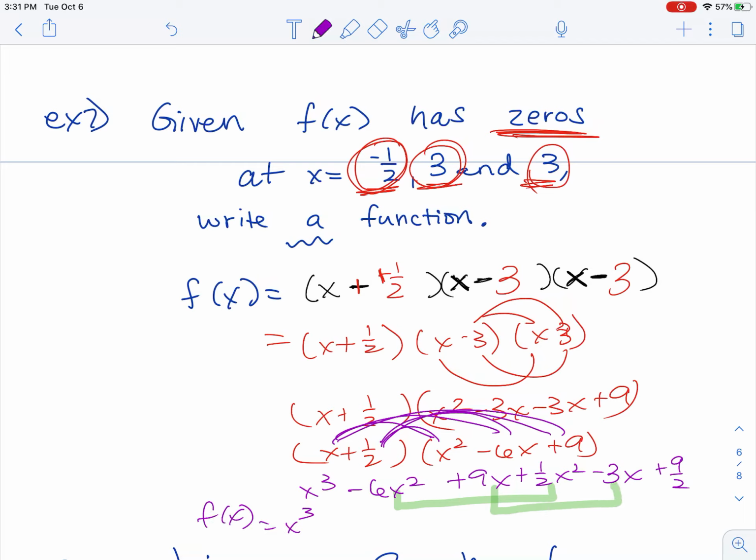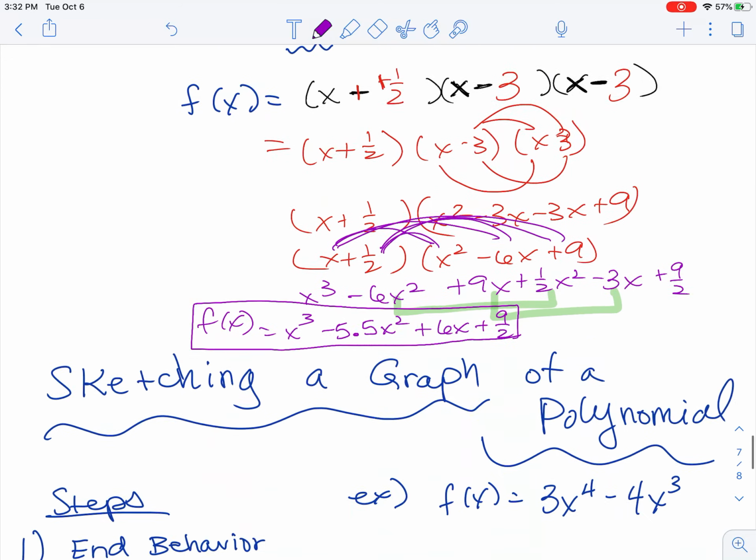So we get f of x could be x cubed minus 6 plus 1/2 is really -5.5, or 5.5x squared. 9x minus 3x is positive 6x plus 9/2. And that is one of the potential polynomial functions, but it's the most basic one. We could multiply this by any number to get all of the other possible functions as well, but this is our most basic.